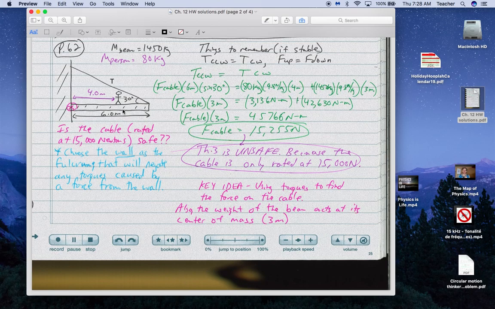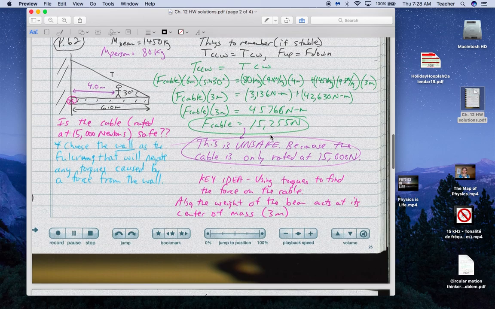The clockwise torque is caused by the weight of the person plus the weight of the beam. So that's 80 times 9.8 times 4 meters away, because that person is 2 meters from the right end, 4 meters from the fulcrum, plus 1450 times 9.8 times 3 meters away, because the beam's center of mass acts 3 meters from the wall. When I do that, I get that the force in the cable is around 15,255 newtons.